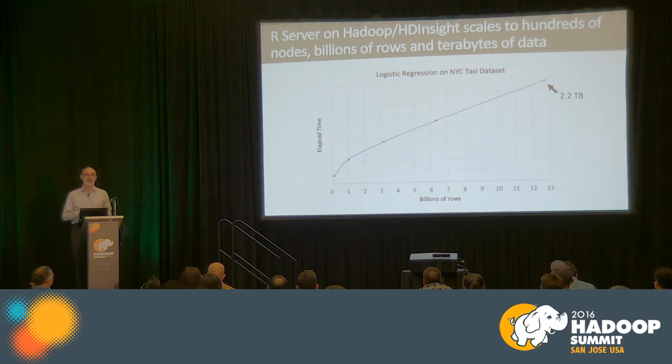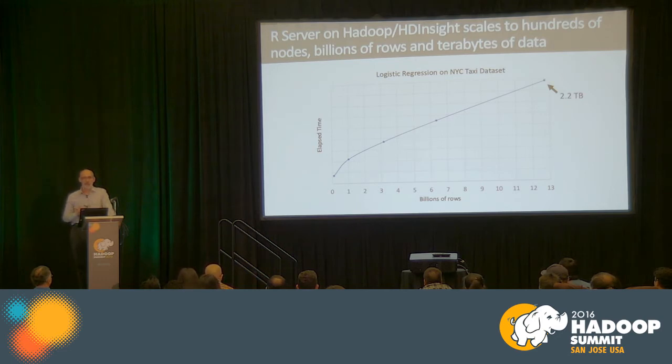An example: I've talked a bit about scalability, and we wanted to show that, yes, we can take this approach and scale it really very, very far out. So this example shows how we can scale to hundreds of nodes and billions of rows and terabytes of data.